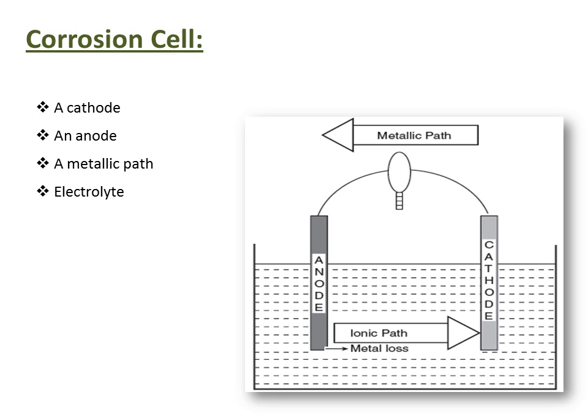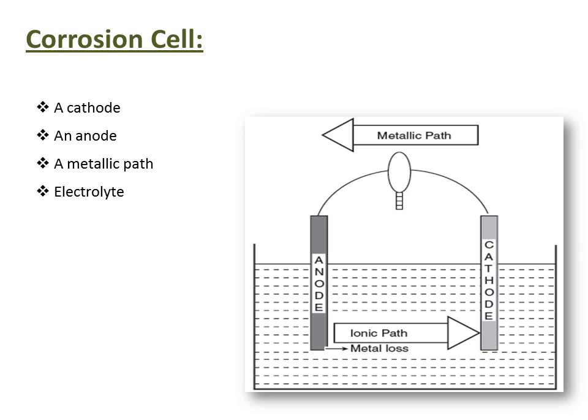In general, any type of corrosion cell consists of an anode, a cathode, an electrical path, which is a metallic path between them, and an electrolyte providing the ionic path.